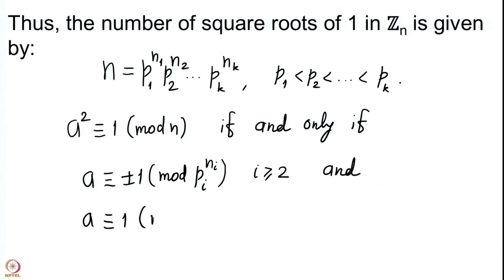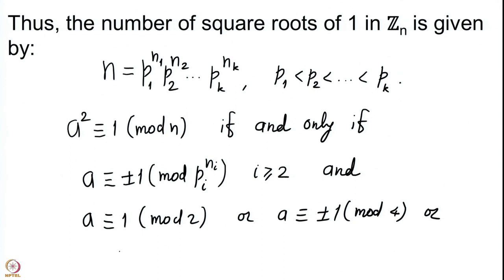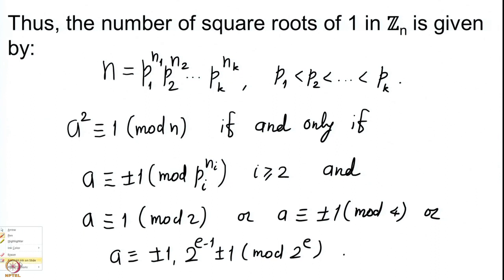So, a equal to 1 mod 2 or a equal to plus or minus 1 mod 4 or a congruent to plus or minus 1, 2 power e minus 1 plus or minus 1 mod 2 power e. These are the only possibilities. So, we will combine these in all the cases.